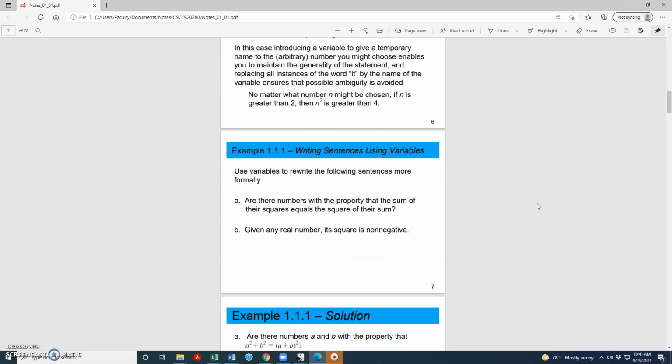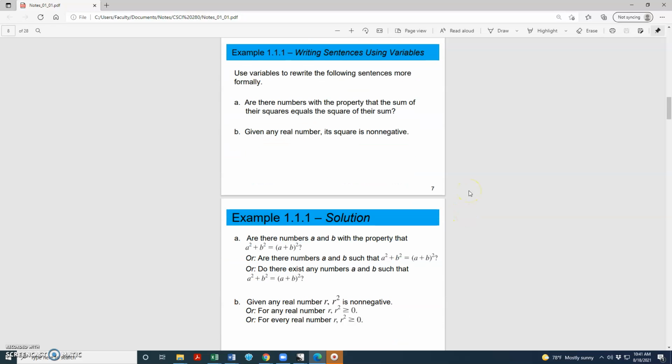So let's take an example and write the following sentence formally and with at least one variable. The first one: are there numbers, and you'll notice it's plural, so we'll need at least two, with the property that the sum of their squares equals the square of their sum. If you look at our options, we've got a couple of them. They all have the same mathematical equation.